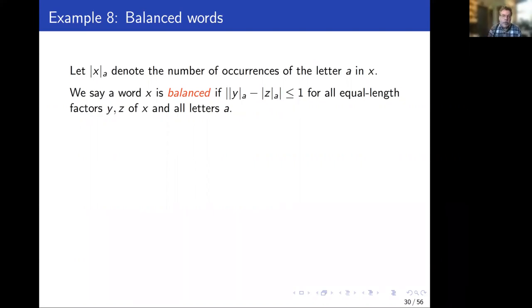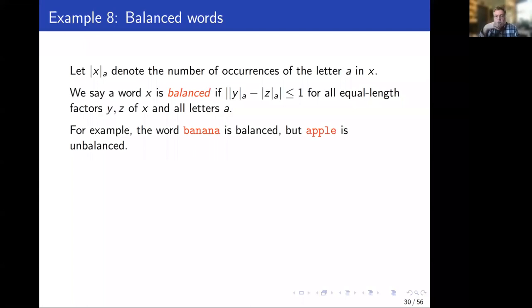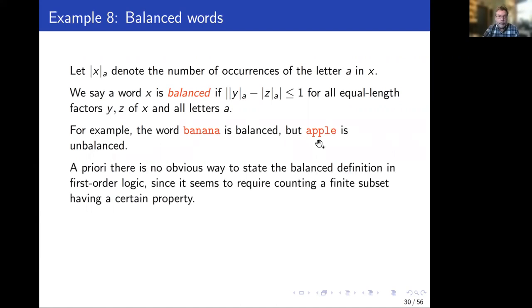So in other words, a word is balanced if all letters occur with essentially the same frequency. So for example, banana is balanced, right? So ANA has 2 A's, NAN has 1 A, but that only differs by 1. But apple is unbalanced because LE has no P's, but PP has 2 P's. So the P's there are unbalanced.